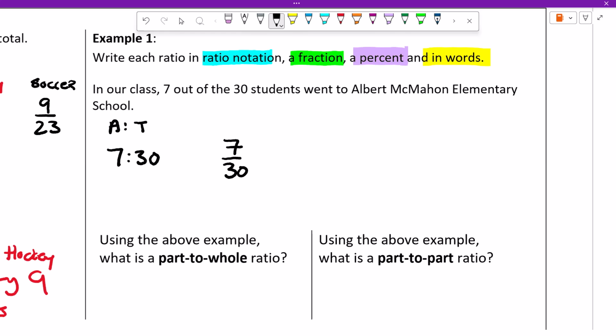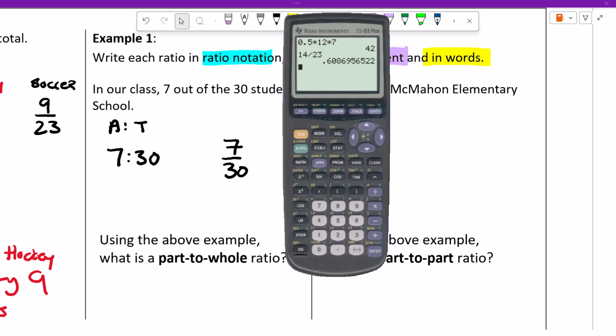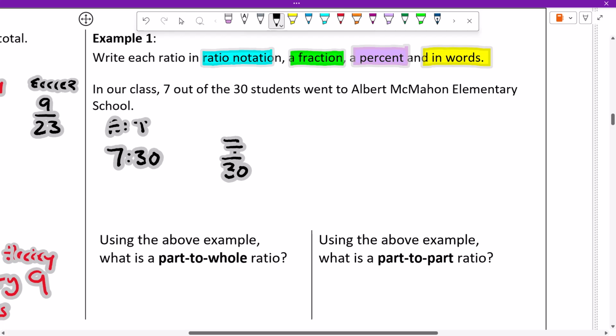All right. Percent. What percent was that? We need a calculator for that, right? We divide the numbers, all right? Then we move the decimal spot 2 spots. So that'll be 0.23. We move the decimal 2 spots over, and we get 23%.